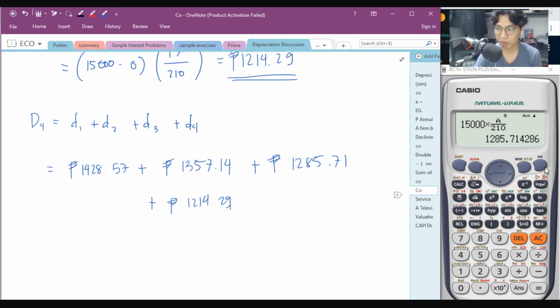Put alpha A plus alpha B plus alpha C plus alpha D and calculate.